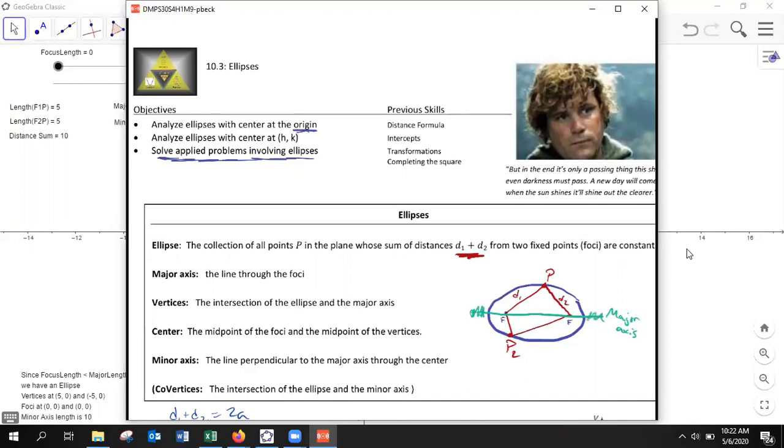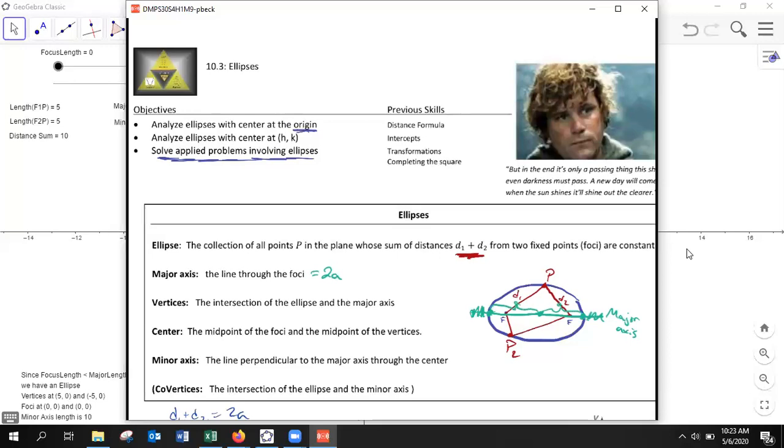What we care about is the length of the major axis, which is that distance across. That length will be 2a, and I know you don't understand what a represents yet, and that's okay. We're going to define that as 2a. a is the distance from the center of the ellipse to each vertex. So that value is a.